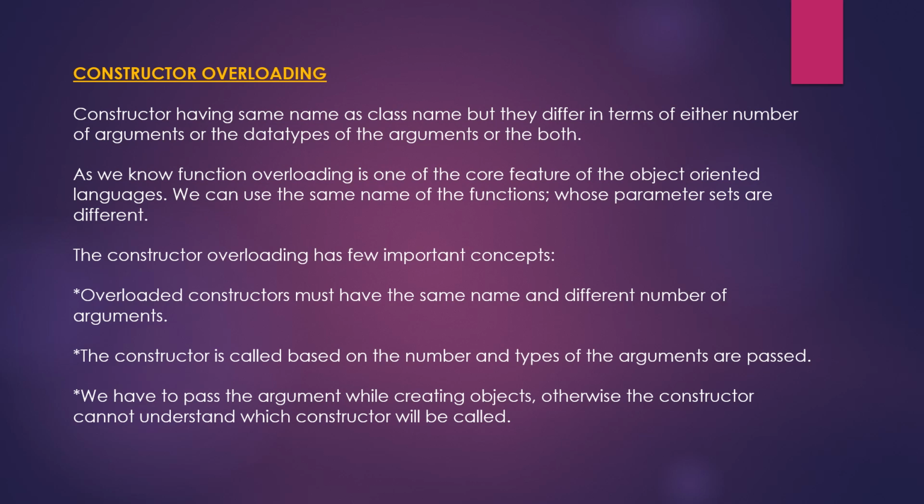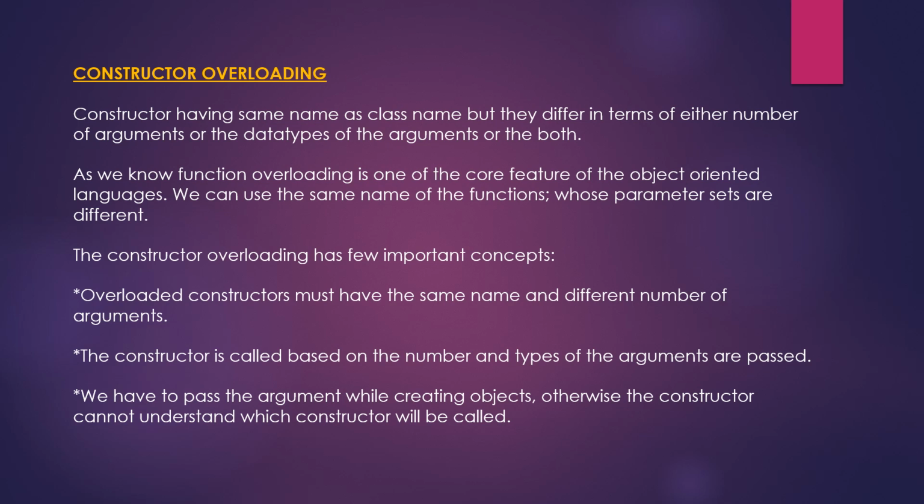So what is the concept in it? Whenever in a program we have more than one constructor, it is called constructor overloading. The difference between those constructors will be the number of parameters, or the data type of the parameters, or it can be both.